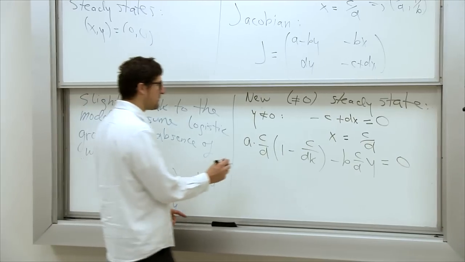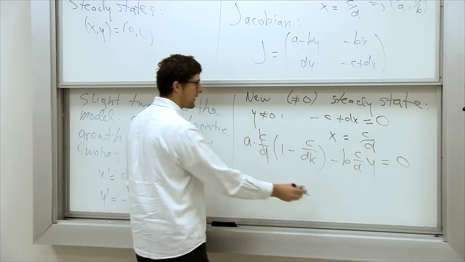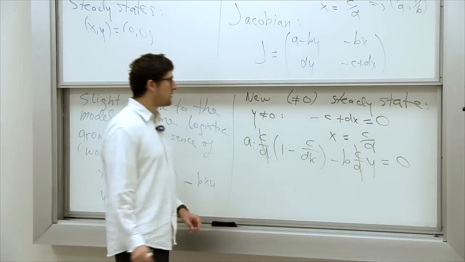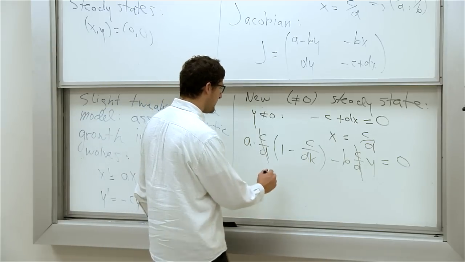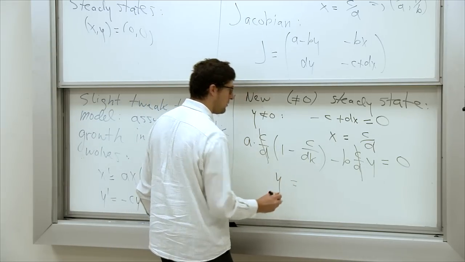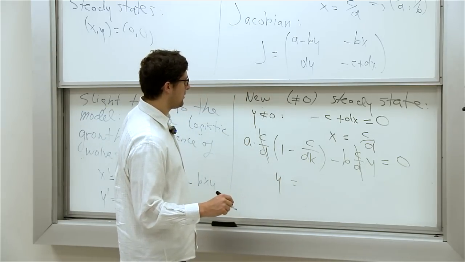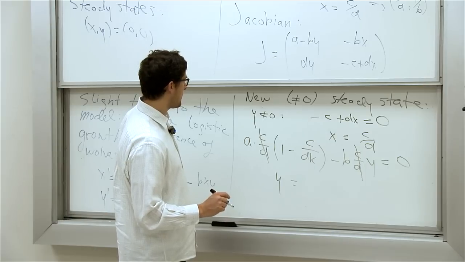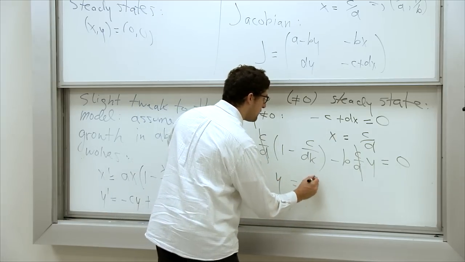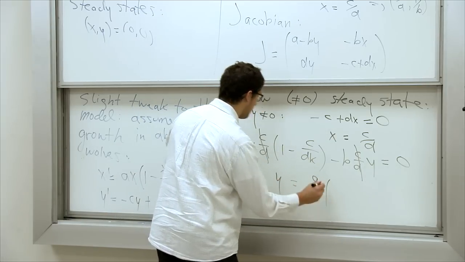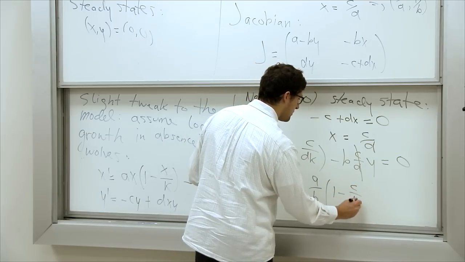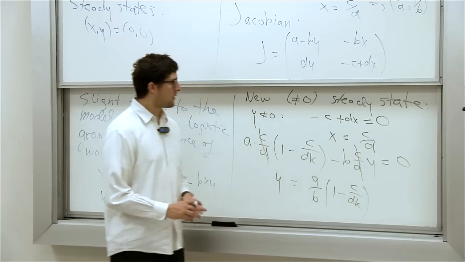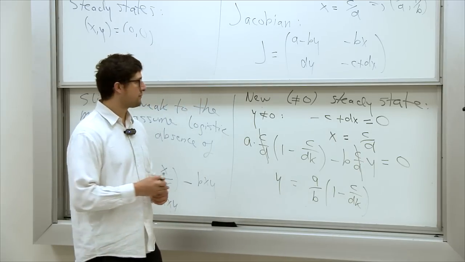Okay, so that means that actually you can cancel out the c over d on both sides, and you get that y is equal to what? A over b multiplied by 1 minus c over dk.